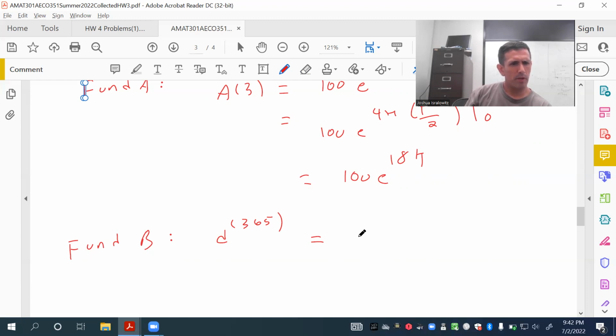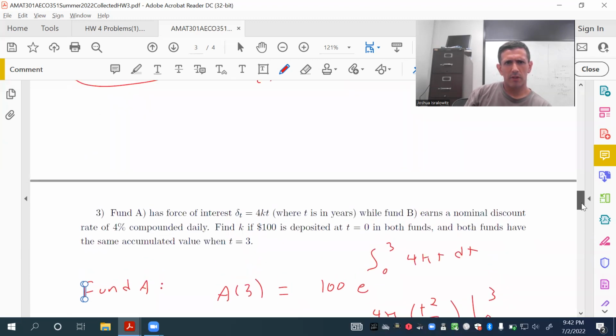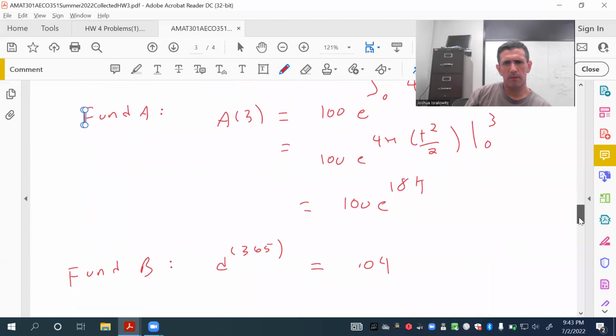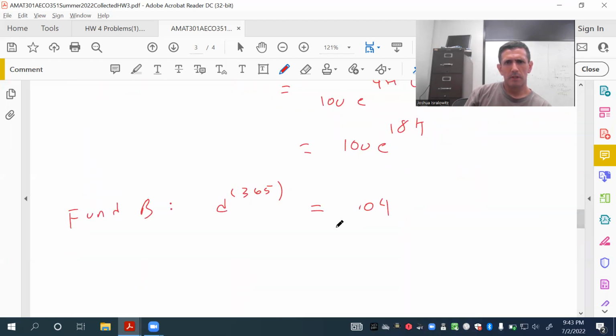But anyway, we're given that nominal discount compounded daily is 4%. All right, so dump into your formula. d is 1 minus d-365, it's 0.04 over 365, to the 365.